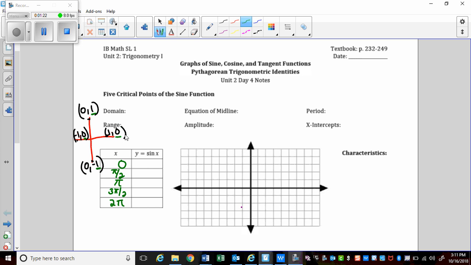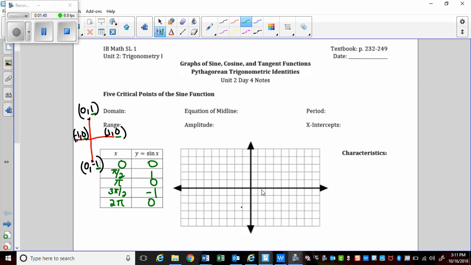So remember, sine is your y values. So at 0, sine's value is 0. At pi over 2, sine's value is 1. At pi, sine's value goes back to 0. At 3 pi over 2, sine's value is -1. And then at 2 pi, sine's value goes back to 0.